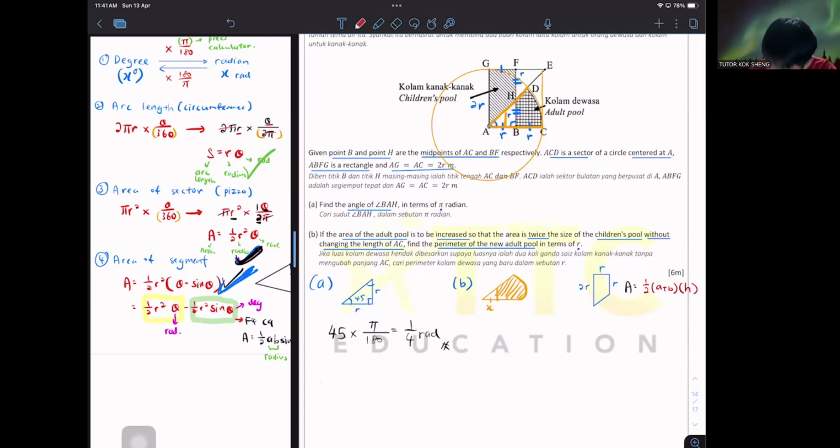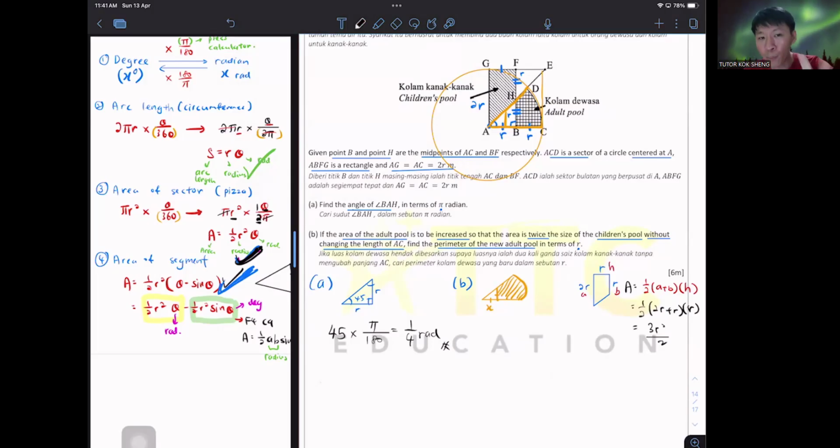A and B, 2R and R, the height will be H. So you can find the area of the children pool. 2R plus R is 3R. 3R squared over 2. So this is the area of the children pool.